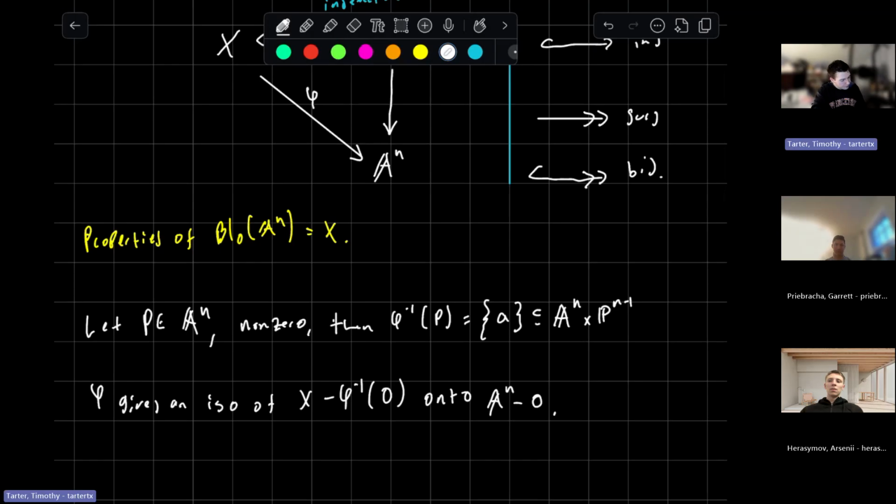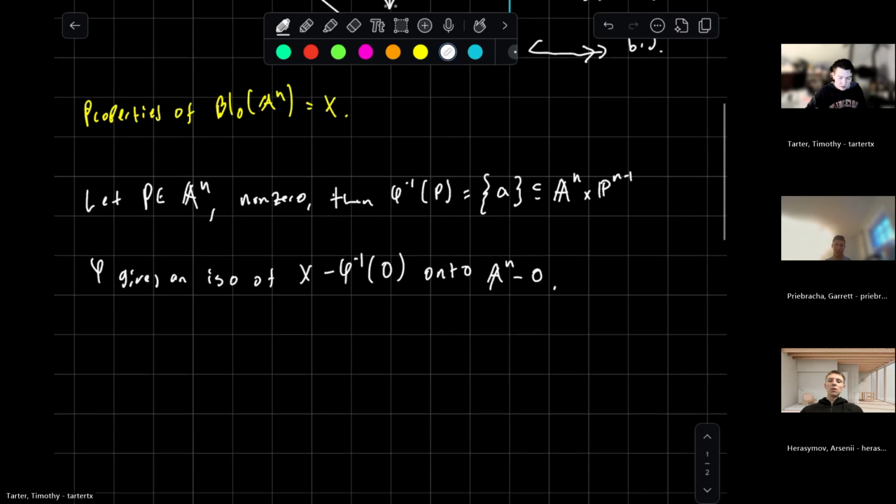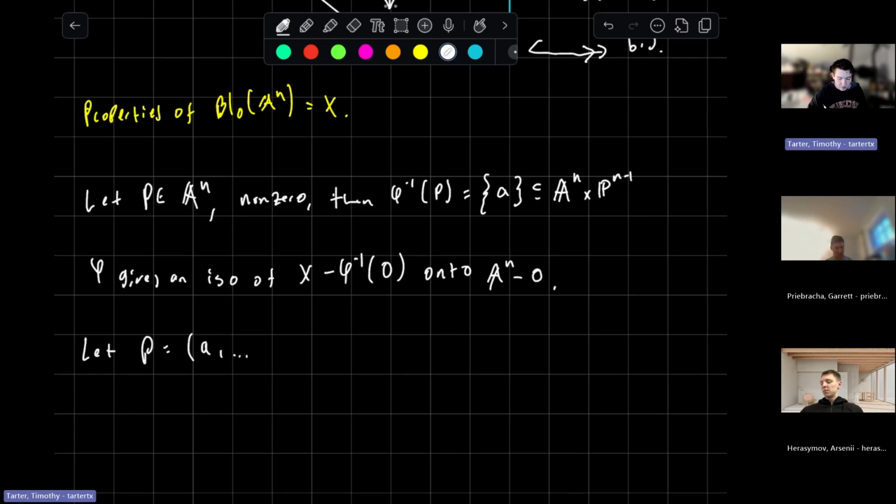So for example, let P be A1 through AN, with some AI non-zero.